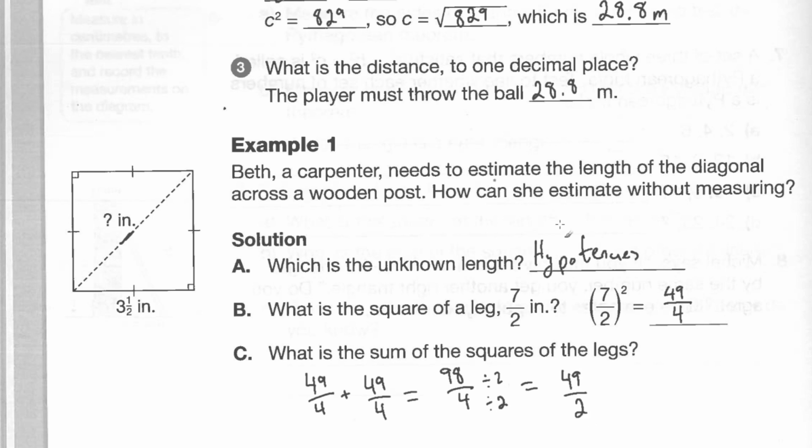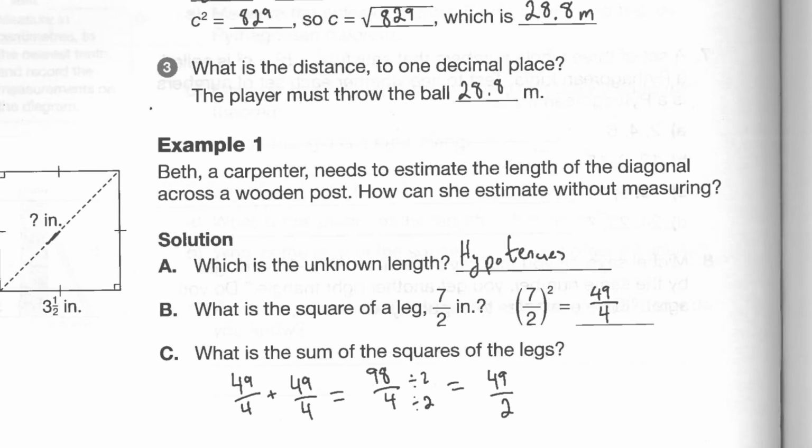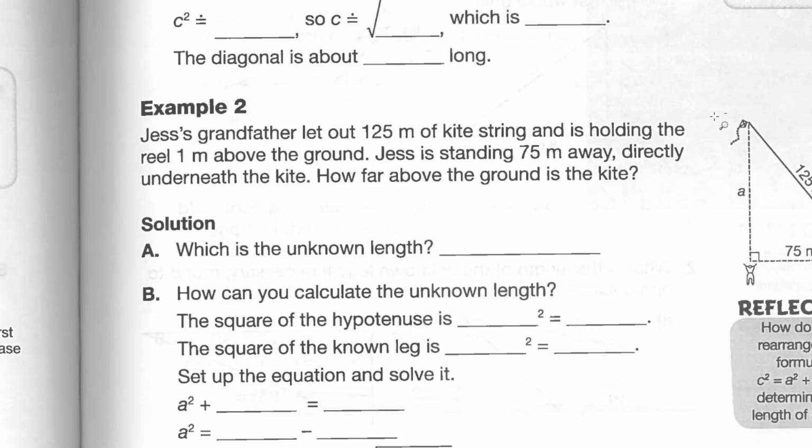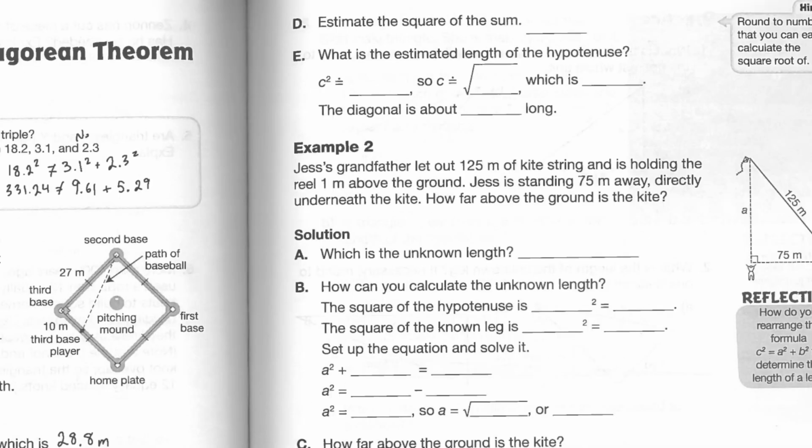So if I add two of the same fractions together, they are going to end up having the same numerator with the denominator divided by 2, assuming that denominator was even to begin with. So that's the first step. We have 49 over 2 is the sum of the squares of the legs.